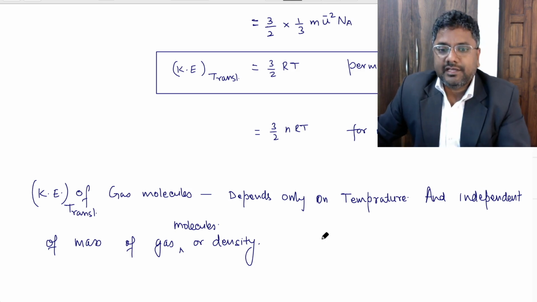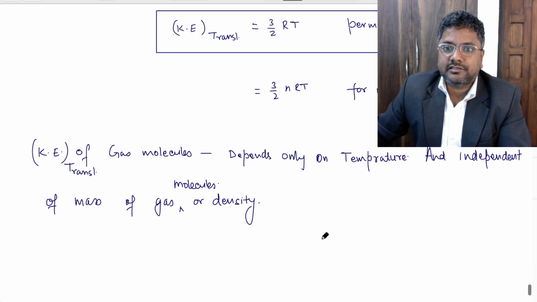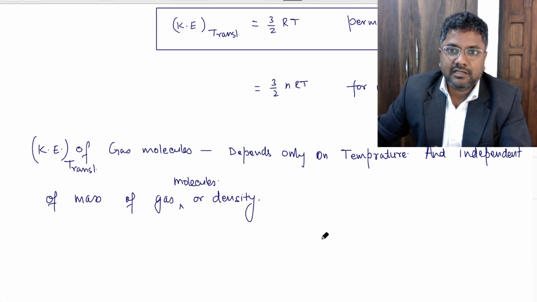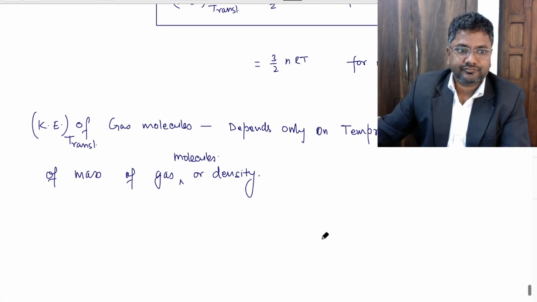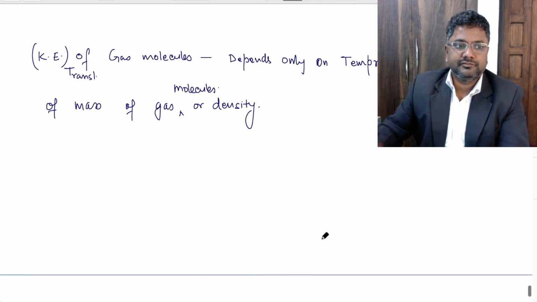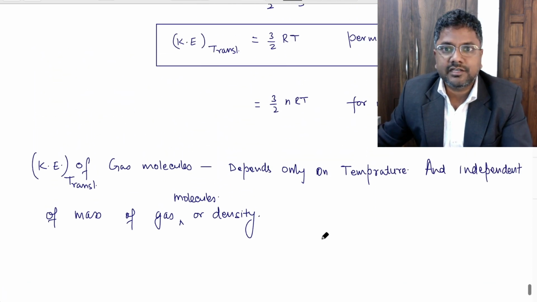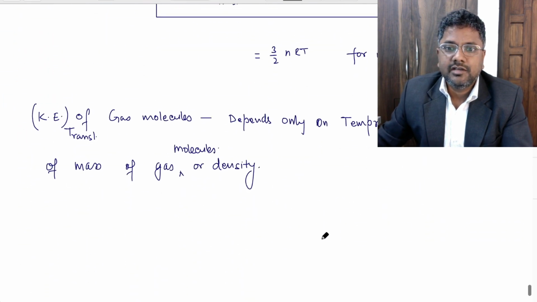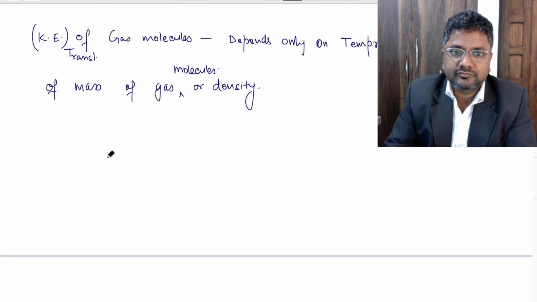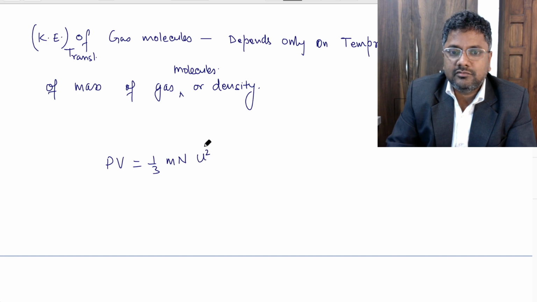Now we can see some other way of writing this equation, equation 8: PV is equal to 1 by 3 mN u bar square.